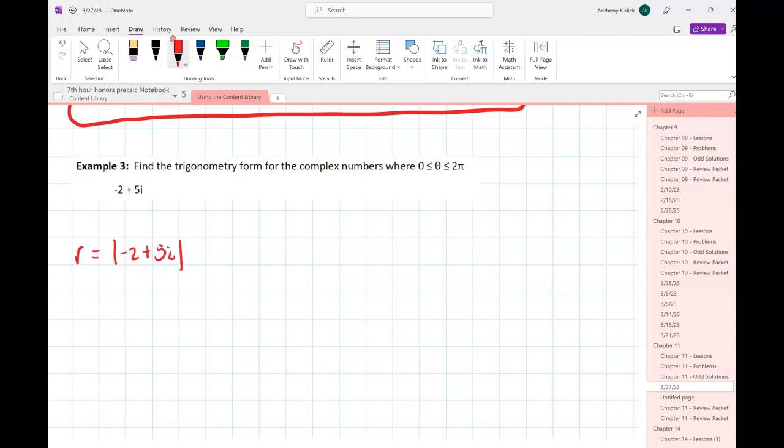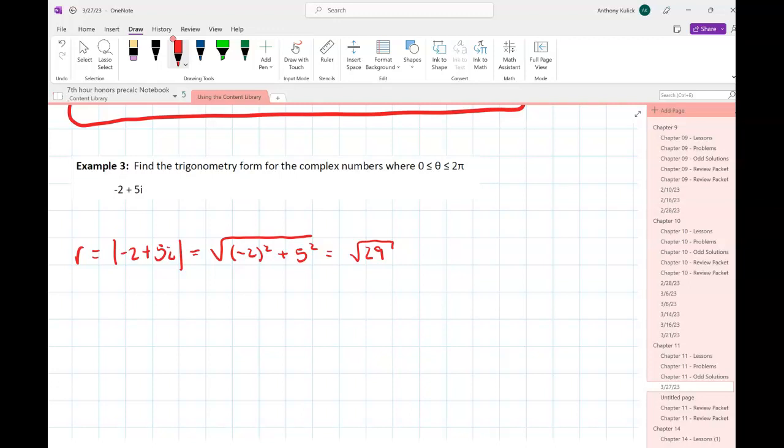So the first thing I'm going to do is calculate the absolute value or modulus of my complex number, which is just the square root of a squared plus b squared.